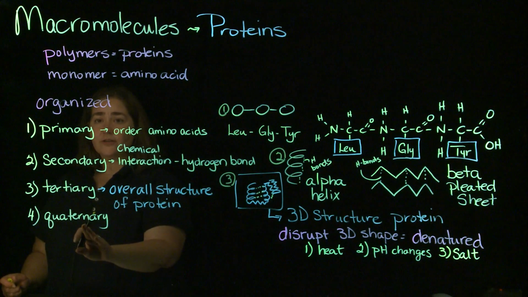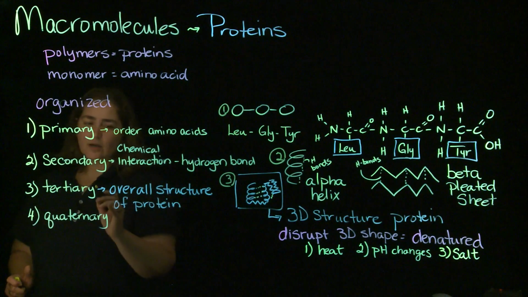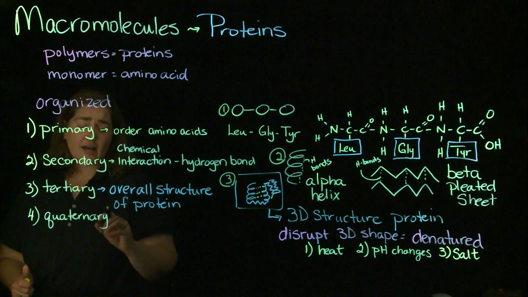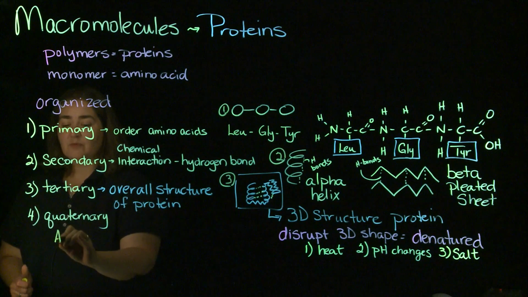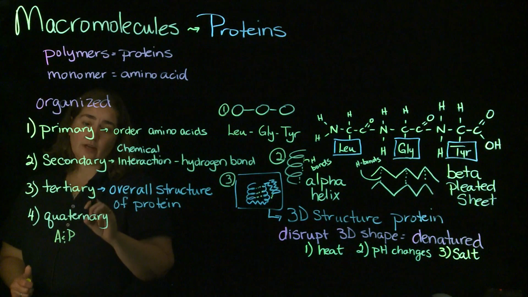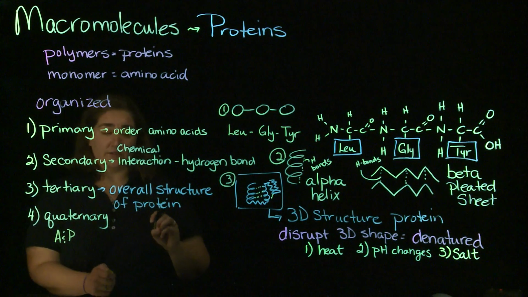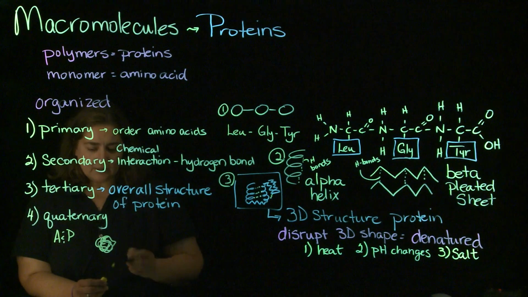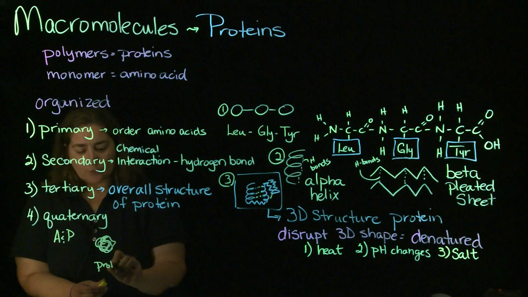The quaternary I'm going to talk about. We're not going to focus a whole lot on quaternary structure in this class, but when you get to A and P, you're going to have proteins that have quaternary structure, all right? And what it means for that protein to be quaternary, this is going to be protein 1.